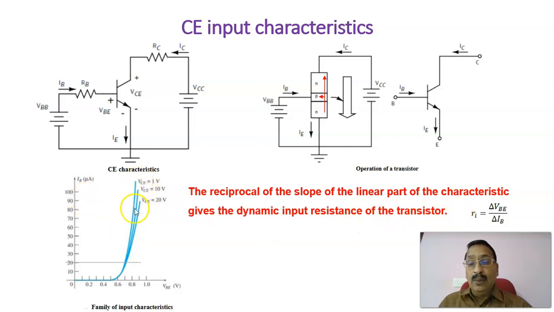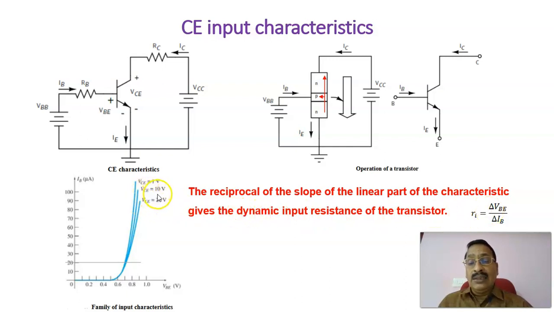The slope is given by delta IB divided by delta VBE for a given VCE. Taking the inverse of that, delta VBE divided by delta IB, the input current, is called the dynamic input resistance of the transistor.